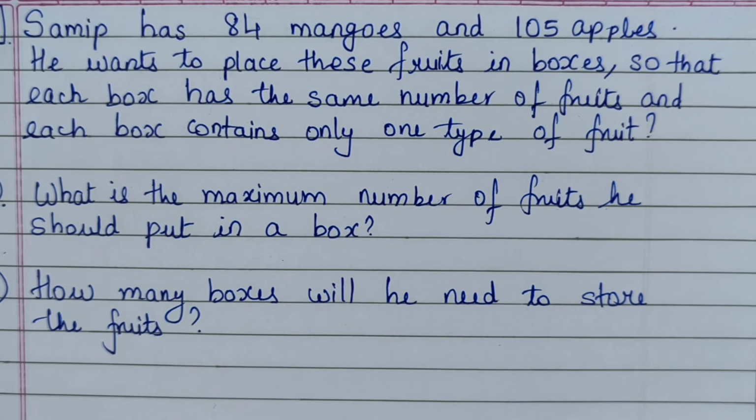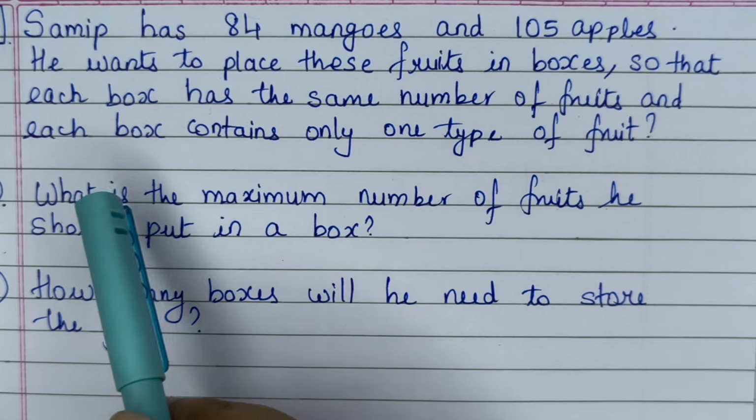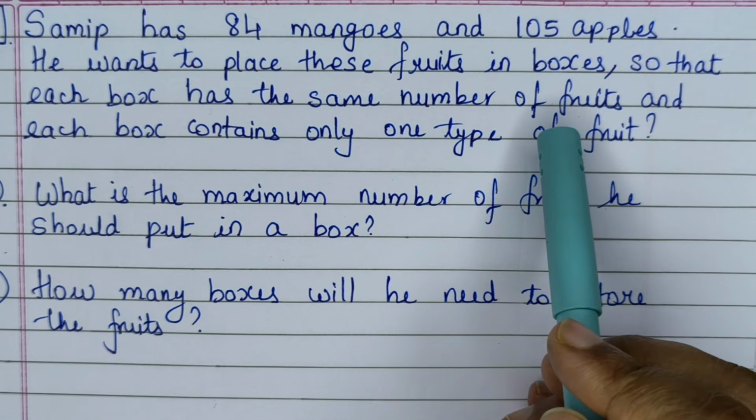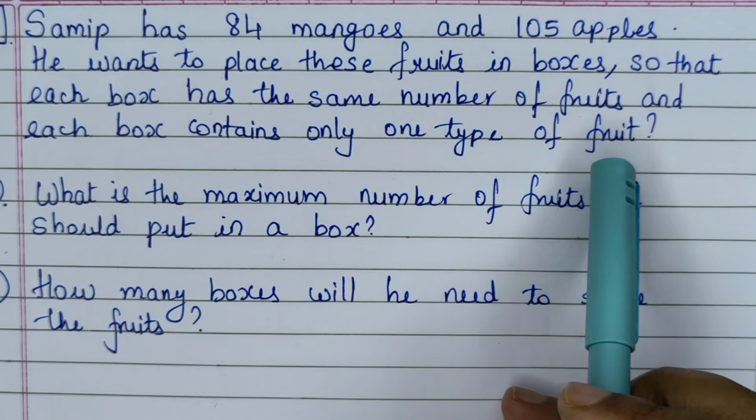Okay, understood the third one? Now see the last problem. Sameep has 84 mangoes and 105 apples. He wants to place these fruits in boxes so that each box has the same number of fruits and each box contains only one type of fruit.